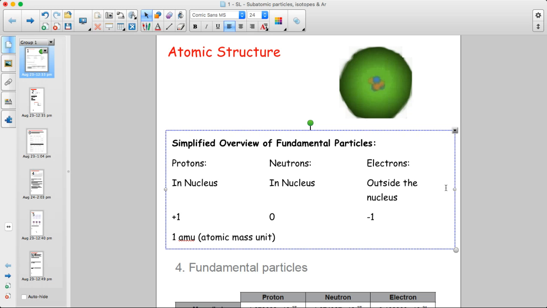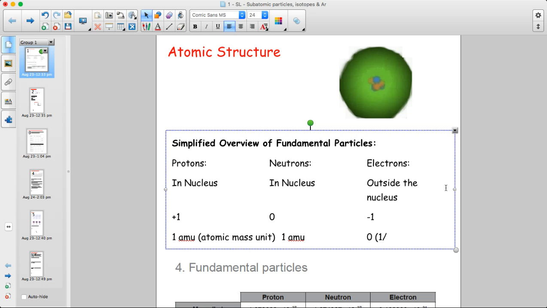So it just means, relatively speaking, a proton weighs 1, or it weighs about 1/12 as much as carbon-12 does. A neutron also weighs 1 AMU. They're very close in mass, almost identical. And an electron, we're going to essentially say, weighs 0.